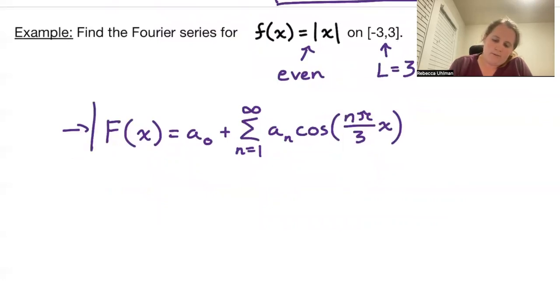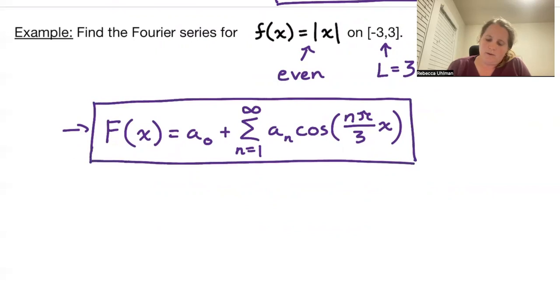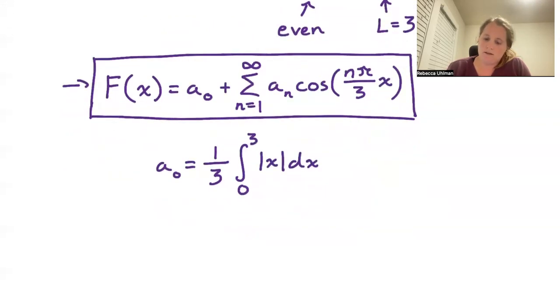So we take this format. We know that our a naught is equal to 1 over L, so 1 over 3, times the integral from 0 to L, or in this case, 0 to 3, of f of x, which is the absolute value of x, dx. This is just 1/3 times the integral from 0 to 3 of x dx.